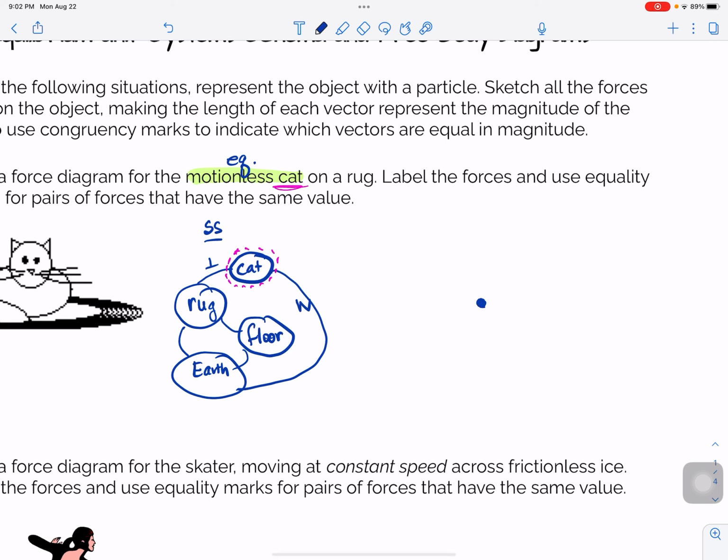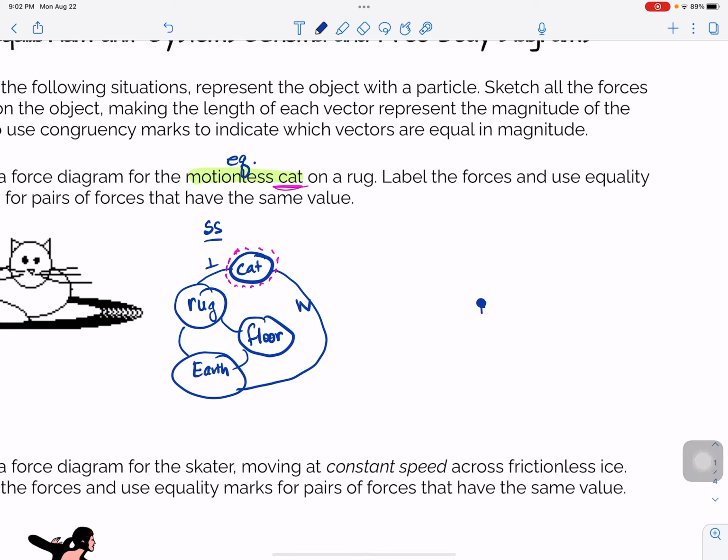And the first thing we need to do is figure out how many arrows we put on the dot. And we look at the system schema and we count the number of forces that are breaking the boundary around the cat. There are 2 that are breaking the boundary around the cat, and so we're going to have 2 arrows on the cat.